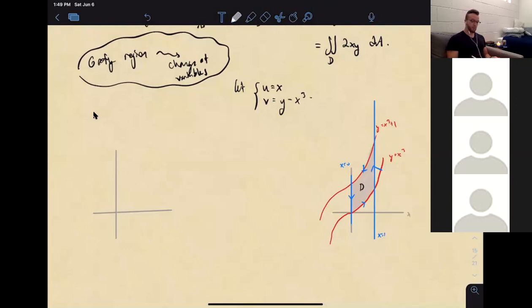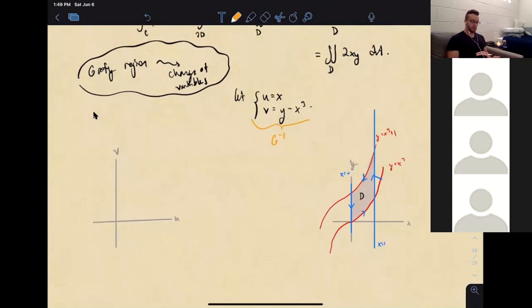So X, Y, we're looking for a region U and V over here, and what this describes is G inverse. That's fine.